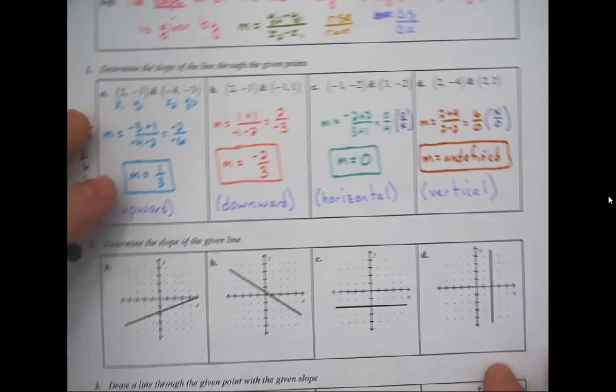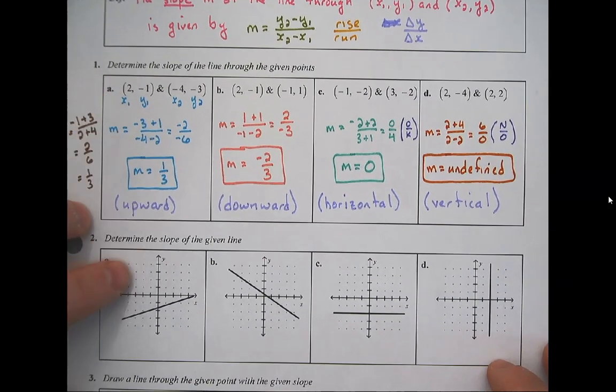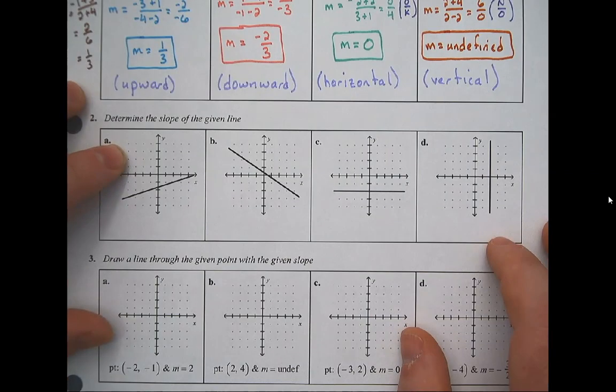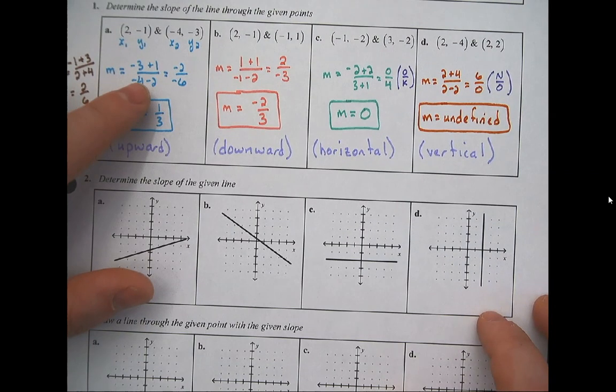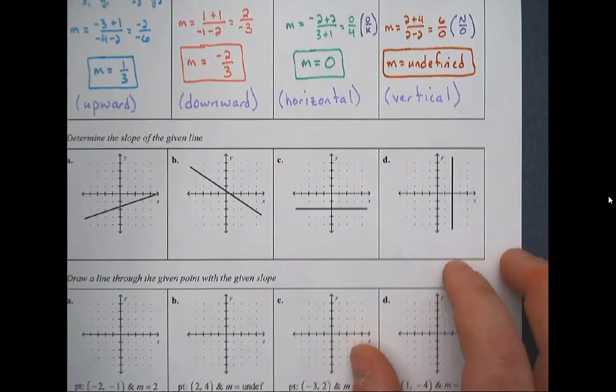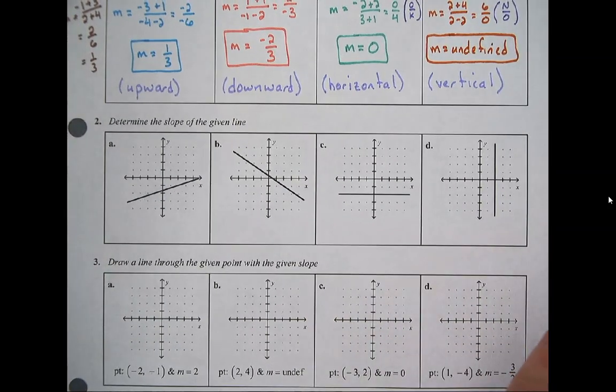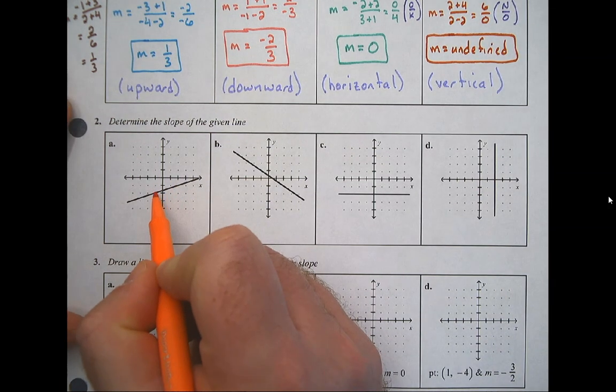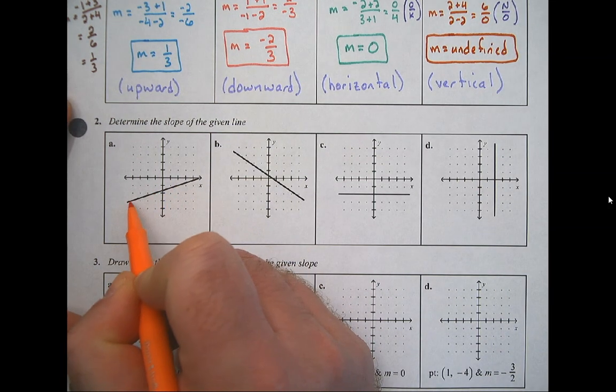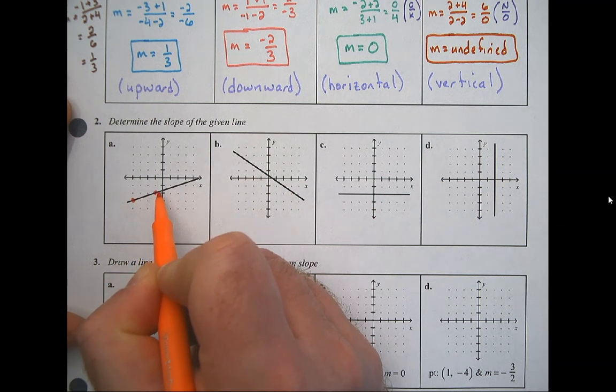All right, so in this case, I gave you 2 points. I did not give you a picture. Now, if I give you the picture, you don't have to go through this process of finding slope. You can just use the rise over run feature. That saves us a bunch of time. So I'm going to find 2 points. We call these the lattice points. So find 2 nice points. I'd say that's a nice point. That's a nice point.